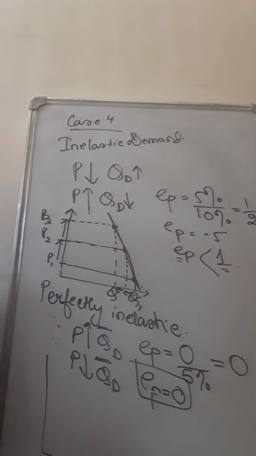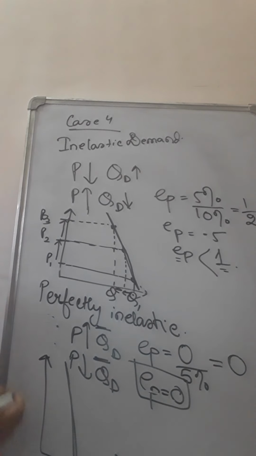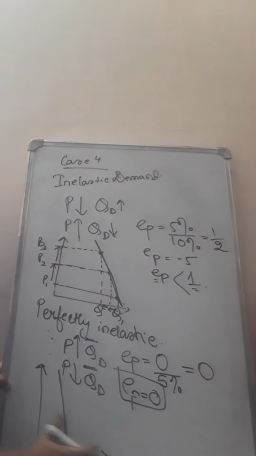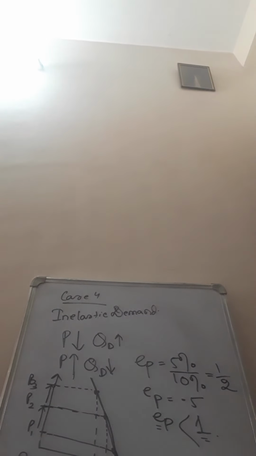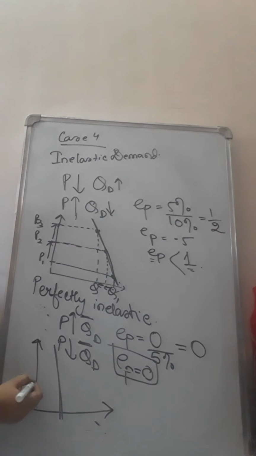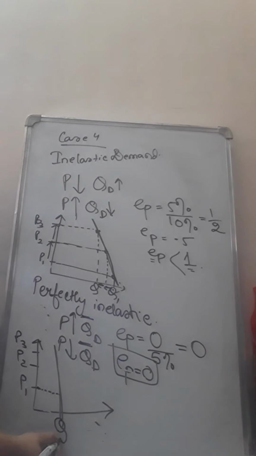And how will the curve look? It will be a straight vertical demand curve, because with your price change, P1, P2, P3, suppose P1 was the initial price, you demanded this quantity.